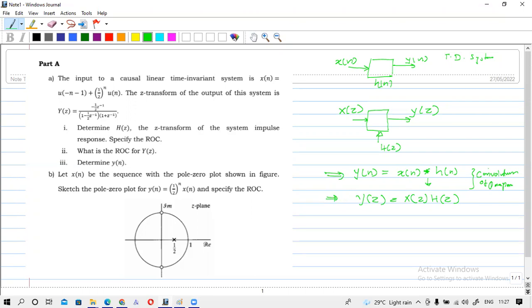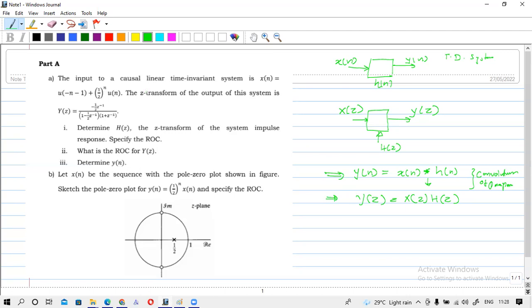That is the convolution property of the Z transform. This convolution will become a simple multiplication, so Y(z) is equal to X(z) multiplied by H(z). These are the time domain and Z domain representations for the output.